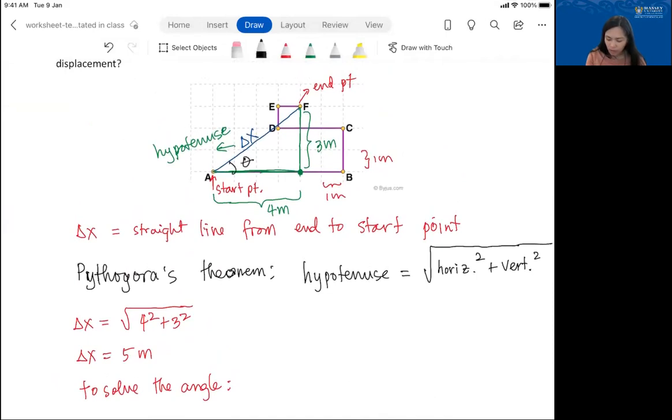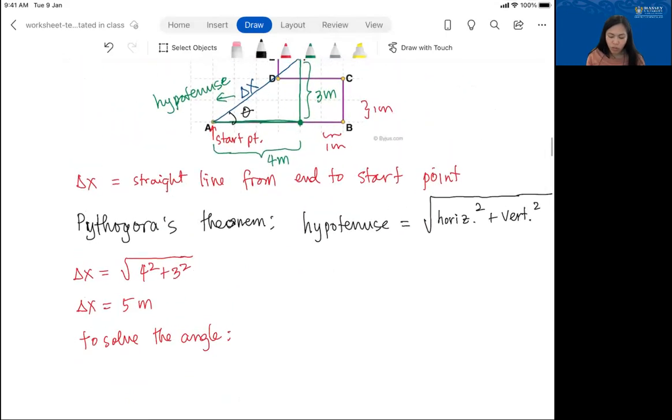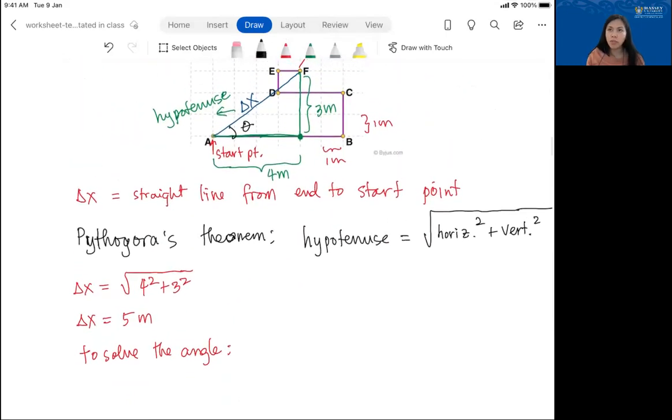And the direction is given by that angle theta there. So it's a right-angled triangle. Trigonometry gives us a relationship between the sides and the angle of the right-angled triangle. Tangent theta is equal to the side opposite the angle divided by the side adjacent to the angle.